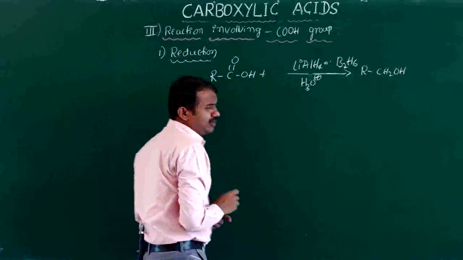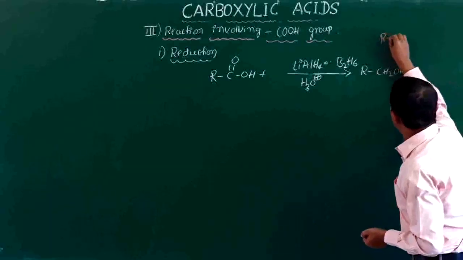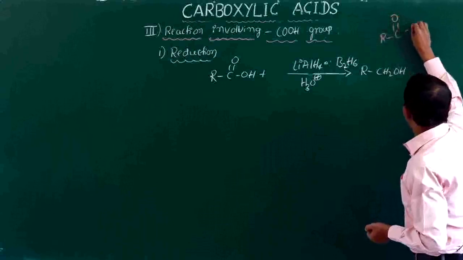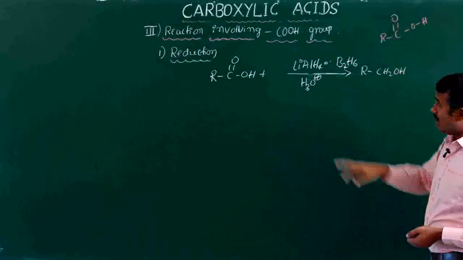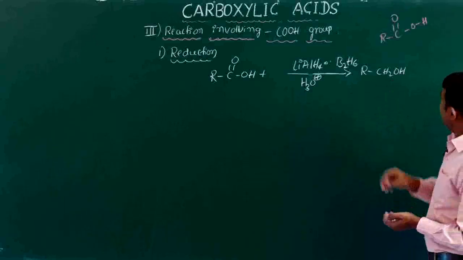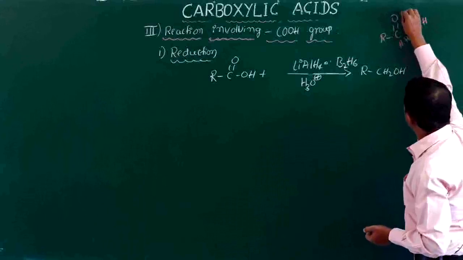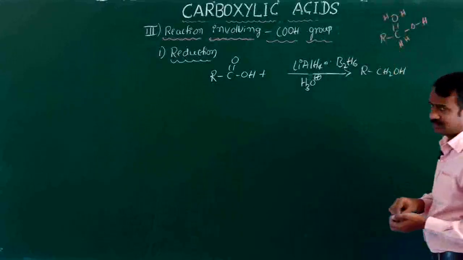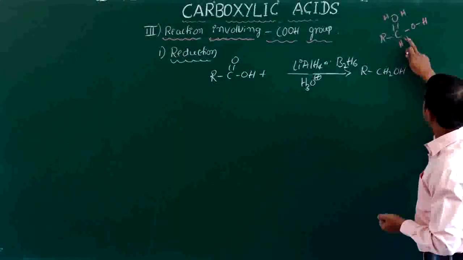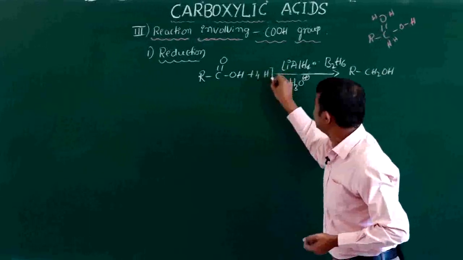How many hydrogens are required? Listen here, the carboxylic acid general formula RCOOH is converted to RCH2OH. How many hydrogens? 1, 2, 3, 4. Four hydrogens are required here.